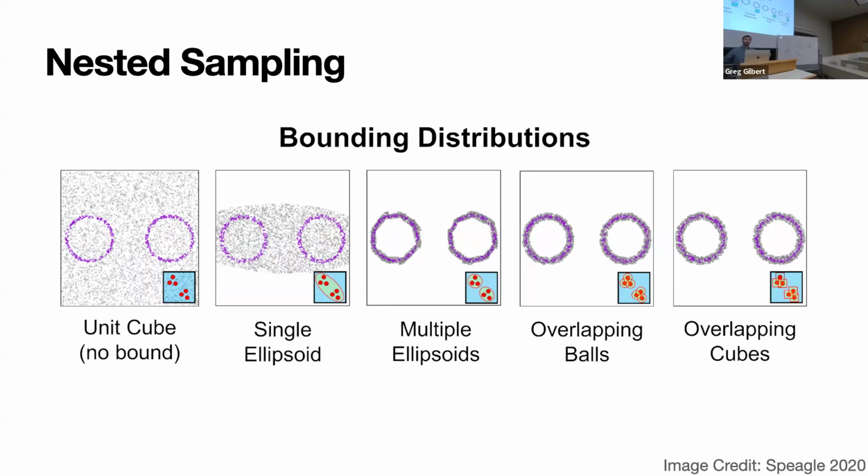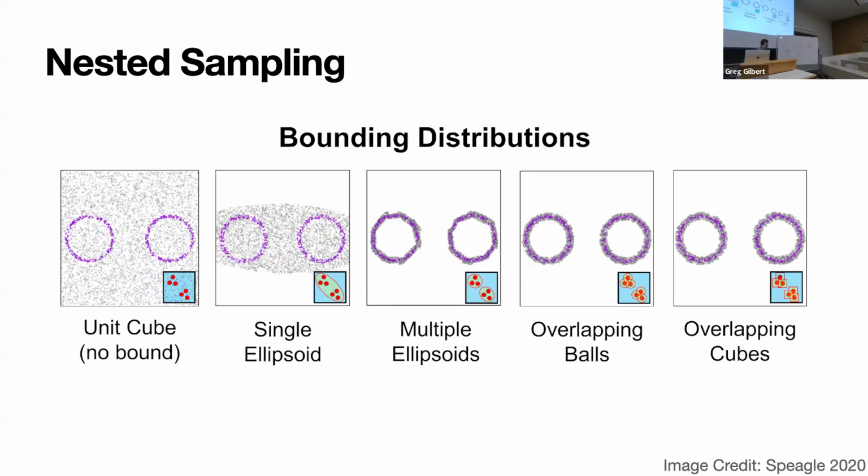If you draw them too big, then you're going to be very inefficient. But if you draw them too small, you can run into this phenomenon called nested sampling shredding, where essentially you're getting these isolated slices of the posterior, and you've ruled out some real region of parameter space.